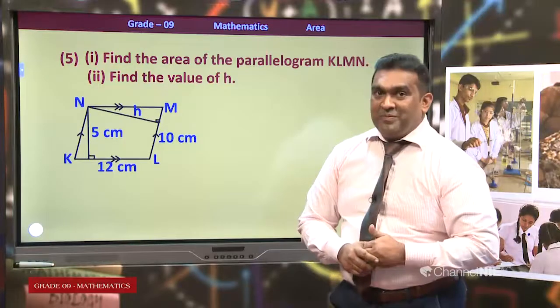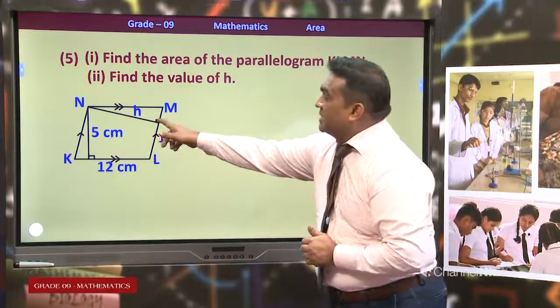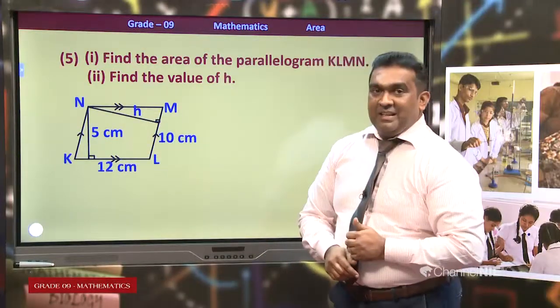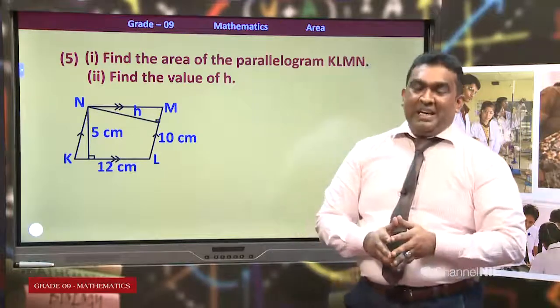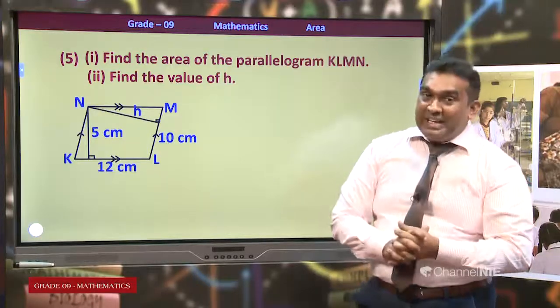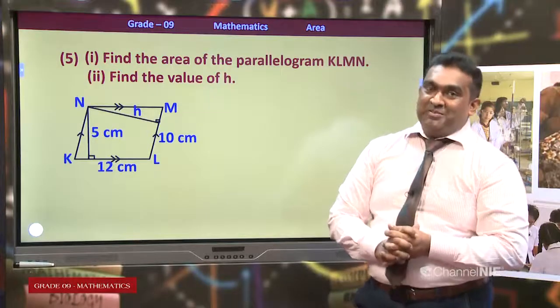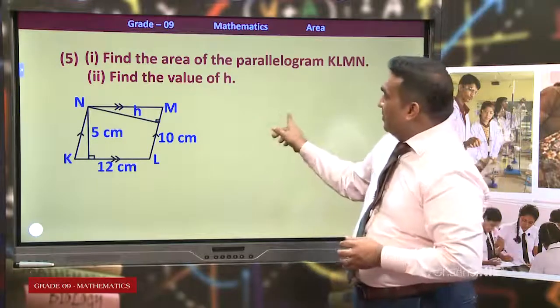No? They have given us 2 perpendicular heights. 2 bases, 2 perpendicular heights. It means there are 2 ways of finding the area of this parallelogram. There are 2 ways. We will see.